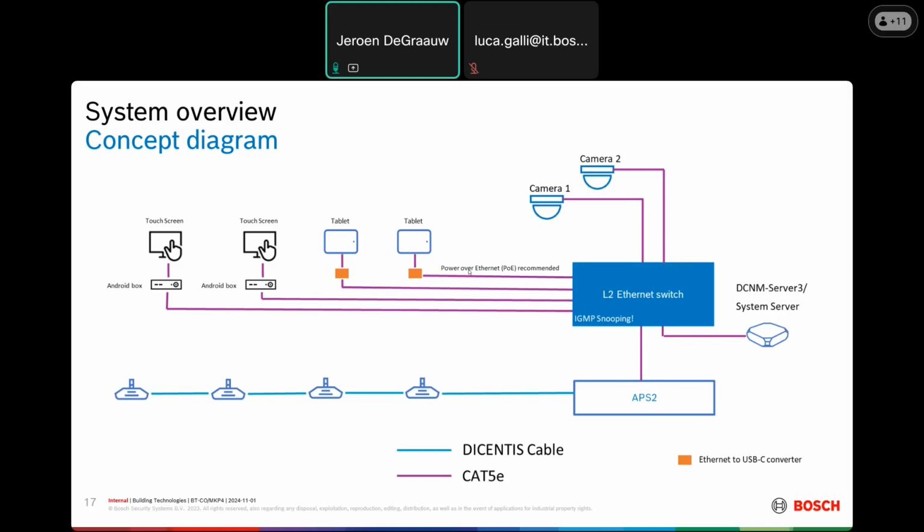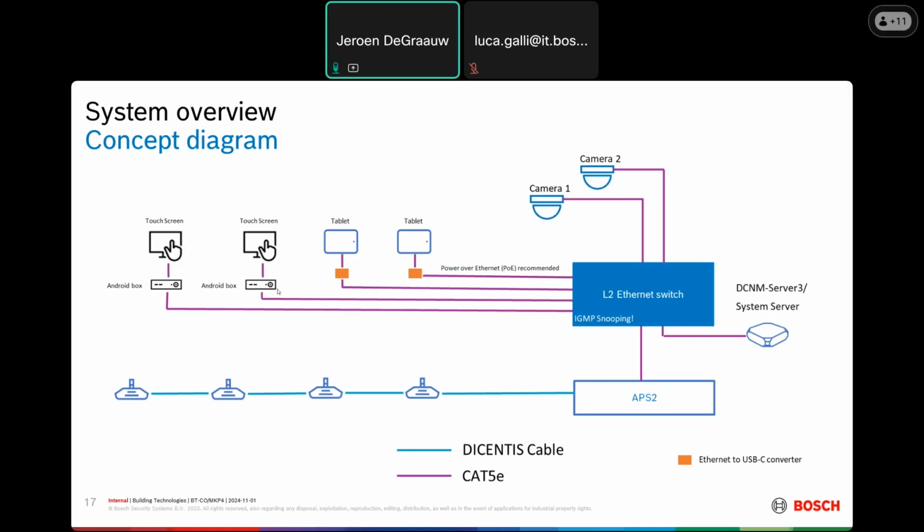And then we have several devices connected here, and these devices are all running the P app. In this case, 2 Android boxes and 2 tablets. For the Android boxes, typically it's quite simple.